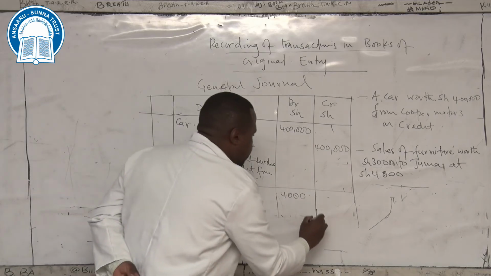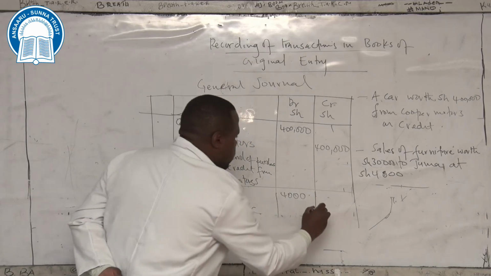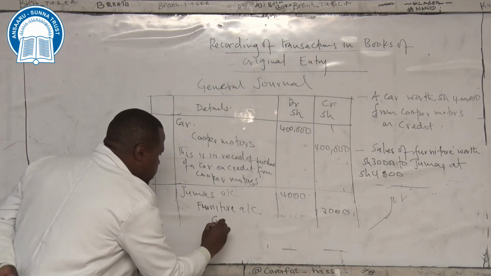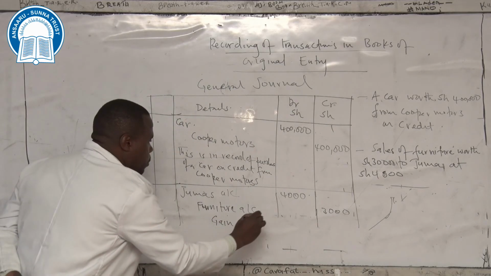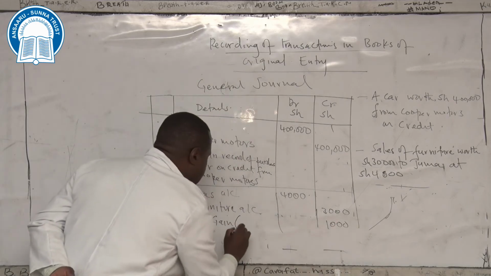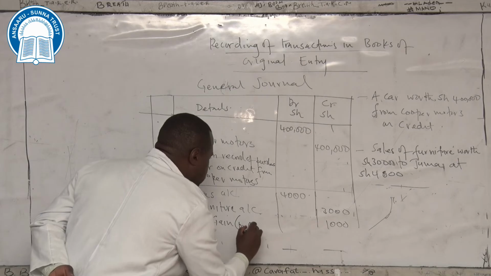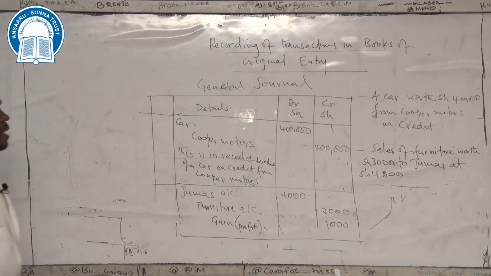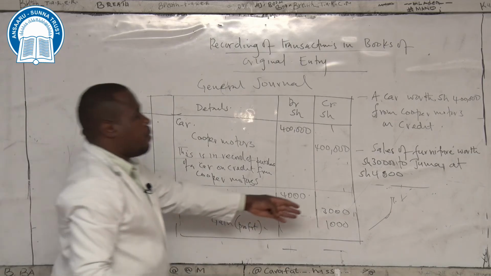And in the furniture account, first you have to show the value of the furniture, which was 3,000. Then the gain will be shown as 1,000. That is the profit. So that is how to record in case the business makes a profit.